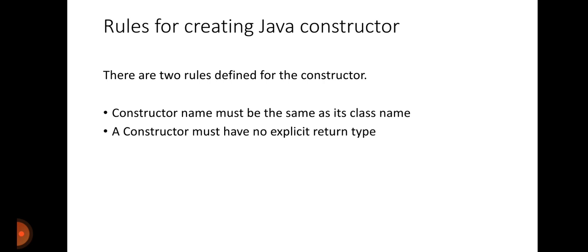The constructor cannot return a value. It is used to initialize the value only. So we cannot explicitly specify the return type of the method. Simply, the constructor cannot return a value.